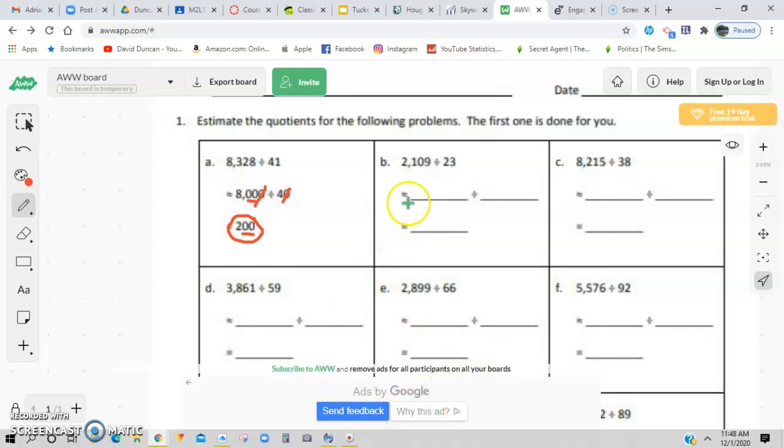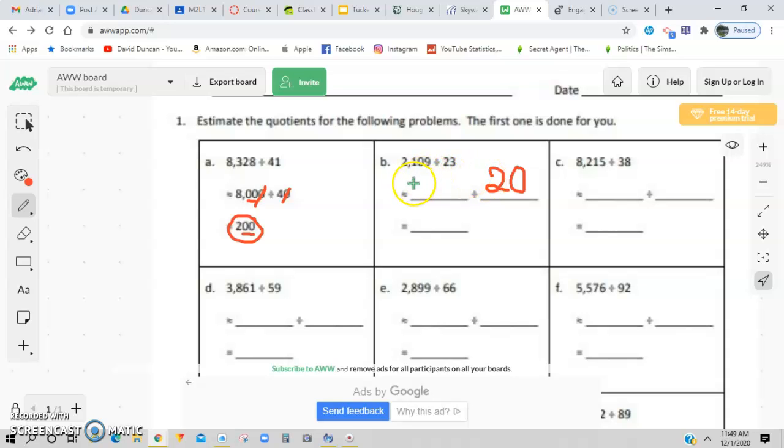Jumping over here to letter B, I have 2,109 divided by 23. Well, I'm going to round that 23 to 20. I'm going to figure out what I can round 2,109 to that's easily divisible by 2, because I know I can end up crossing out that 0.